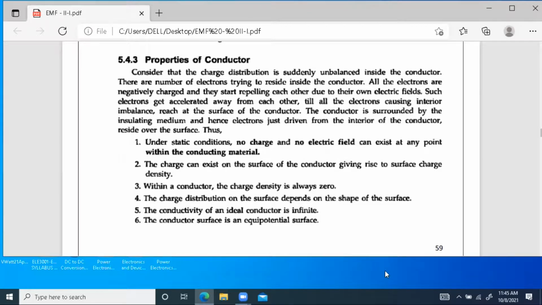I remember we did the problem where we found the electric field from 0 to the inner surface of the first conductor, and the outer surface of the first conductor and the inner surface.